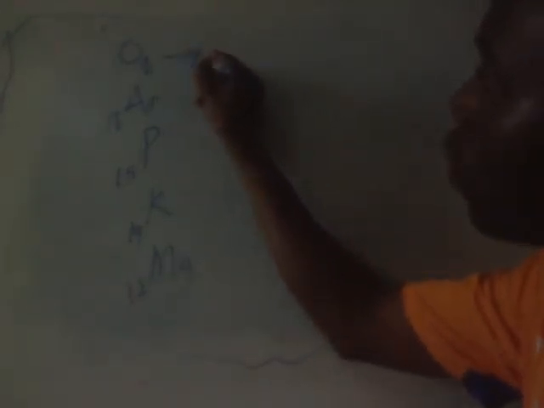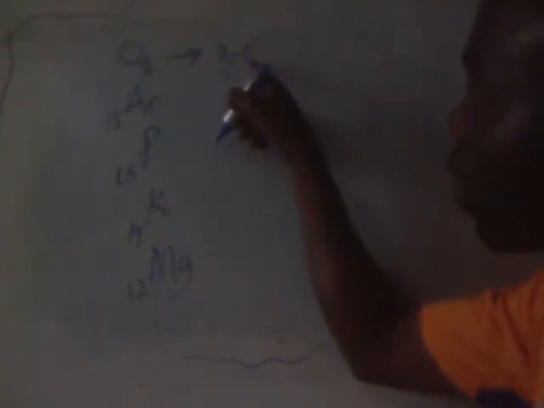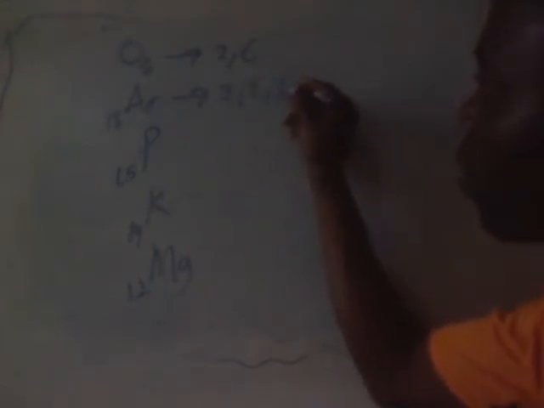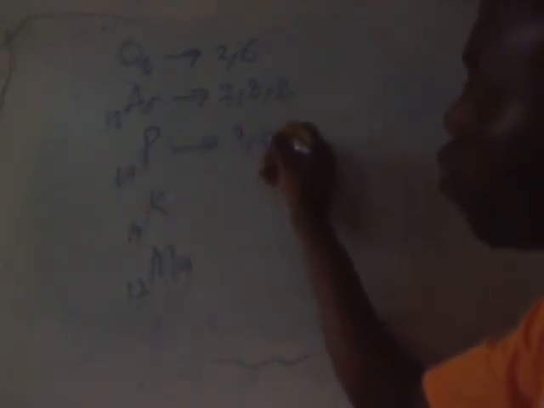The outermost shell is the valence shell. Oxygen gives you 2, 6: the first shell takes 2 electrons, the outermost shell takes 6. Argon is 2, 8, 8. Phosphorus, 15, is 2, 8, 5.